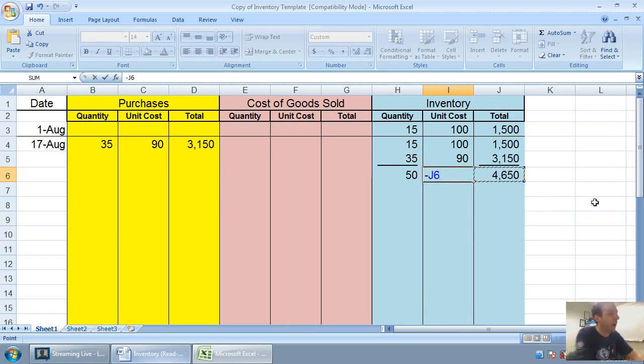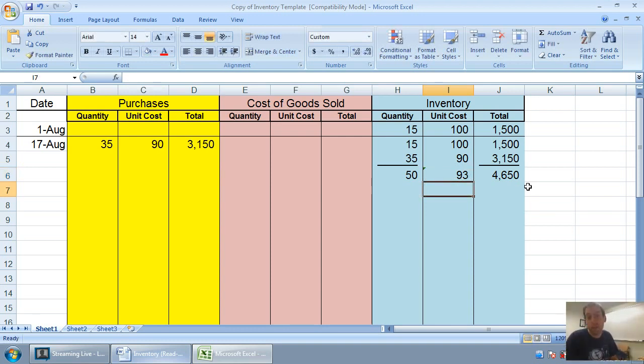I divide: 4,650 divided by 50. That'll tell me my weighted average, and you'll see our weighted average here is 93. So that's the key step when you're doing the weighted average method. Whenever you make a purchase, figure out the average cost of your inventory and re-average it every time.